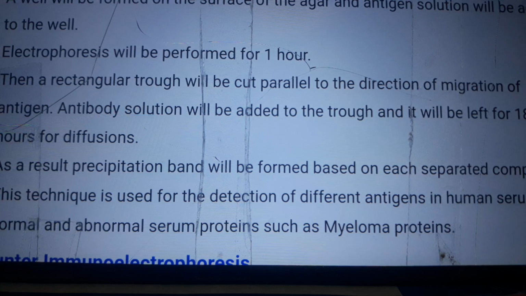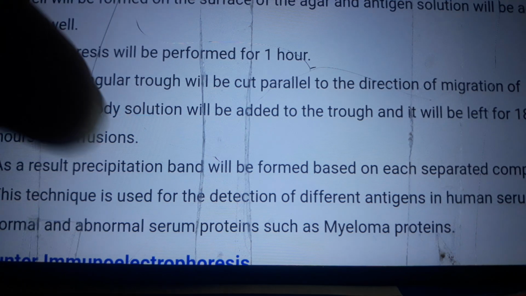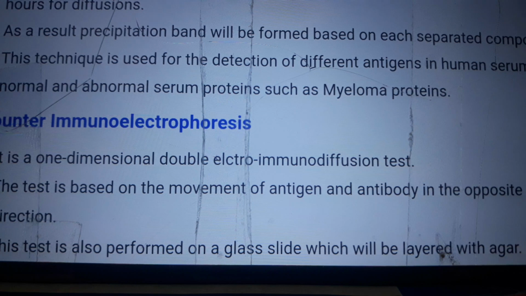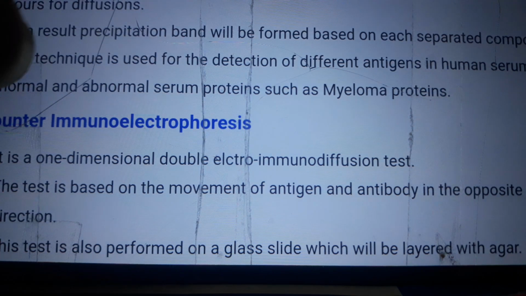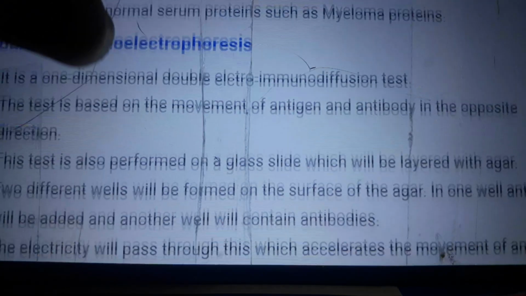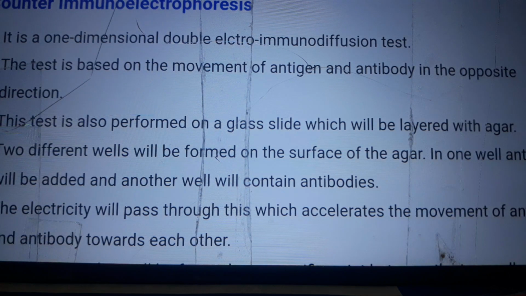Antibody solution will be added to the trough. It will be left for 18 to 24 hours for diffusion. As a result, a precipitation band will be formed based on each separated compound. This technique is used for the detection of different antigens in human serum and normal and abnormal serum proteins such as myeloma proteins.